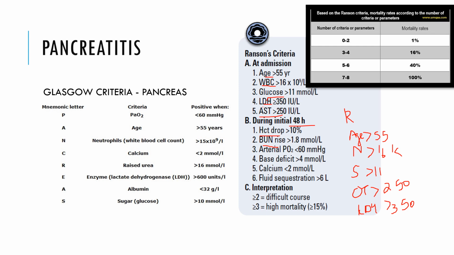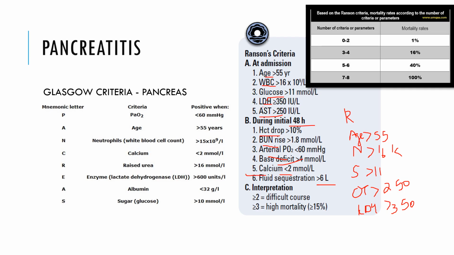So hematocrit is dropping, and with the hypovolemic status, BUN is rising. Arterial PO2 is falling, base deficit is rising. Calcium is falling, less than 2, and fluid sequestration more than 6. So hematocrit drop, BUN rise, fluid sequestration, arterial PO2 less, base deficit more, calcium is less.